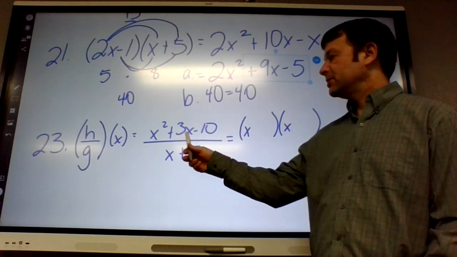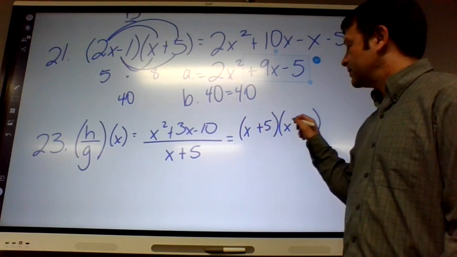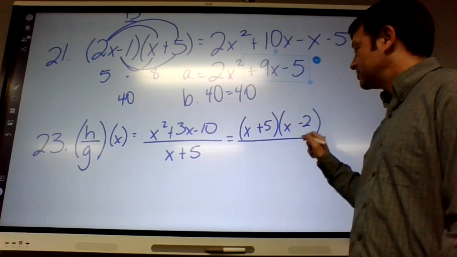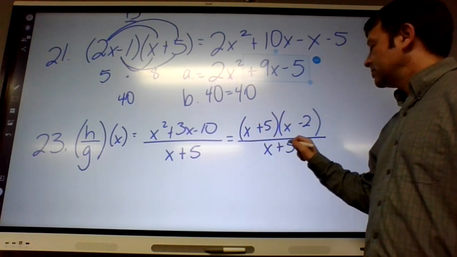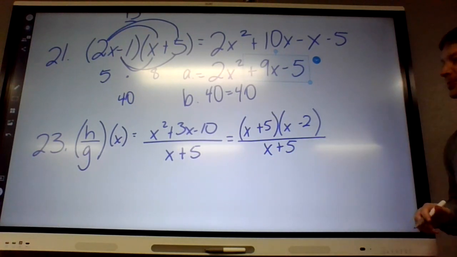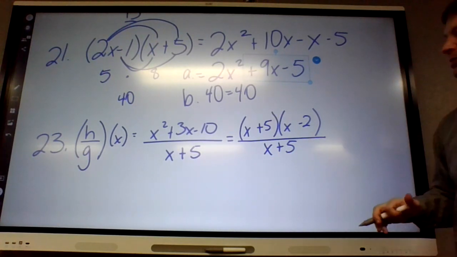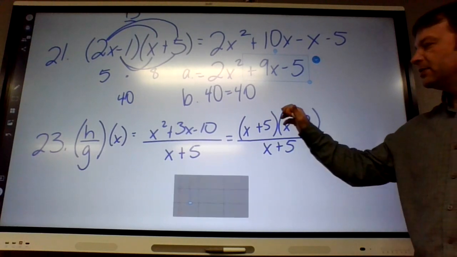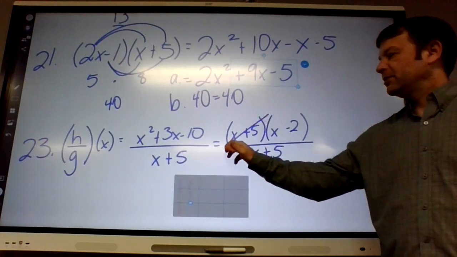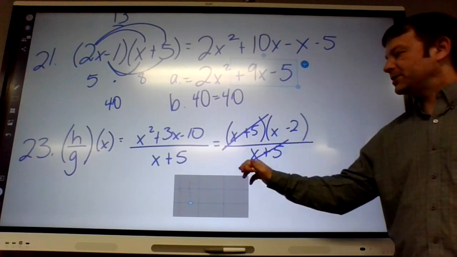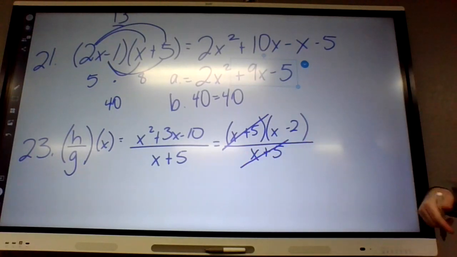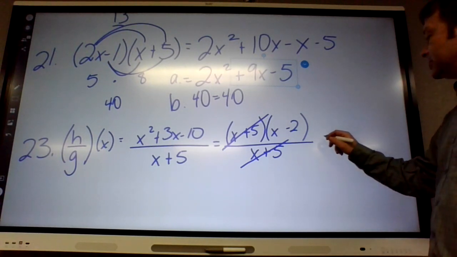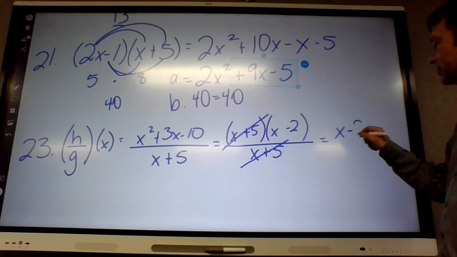Negative 2 and 5. So guess what's going to happen here? Can you simplify? Yeah, just x minus 2. The products and the division, they cancel out. When you're multiplying and dividing the same value, they cancel out. So x plus 5's go away and you just get x minus 2.